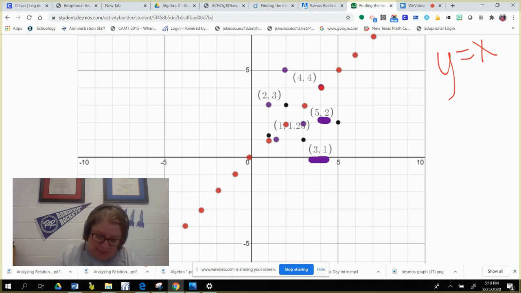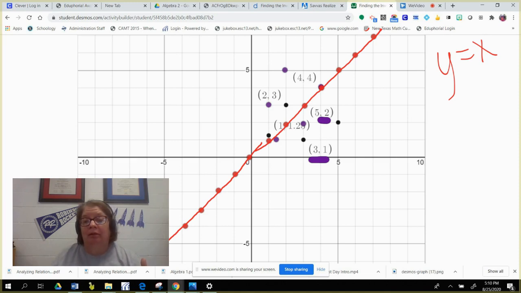Look what happens if we connect that. If we connect these very carefully, you will notice that each black point is a mirror image across that line of a purple point. Here is 3, 1.